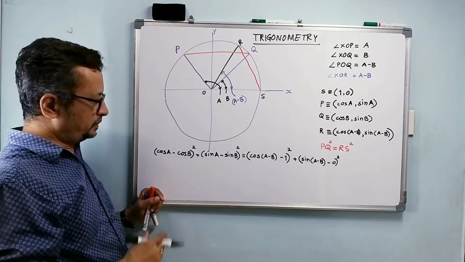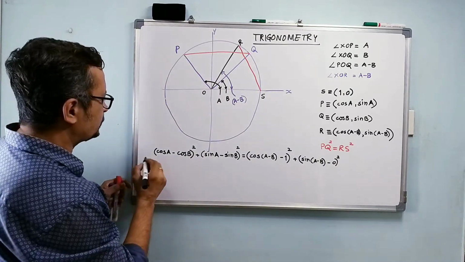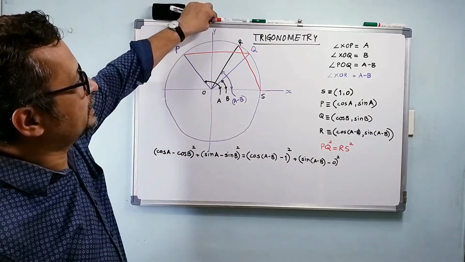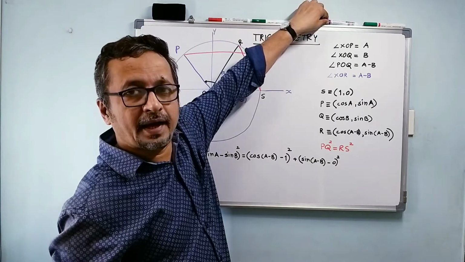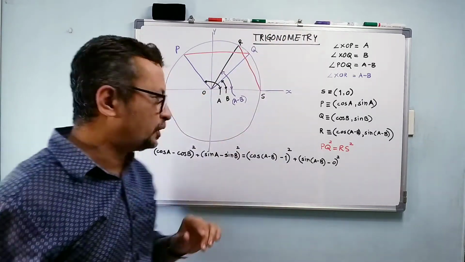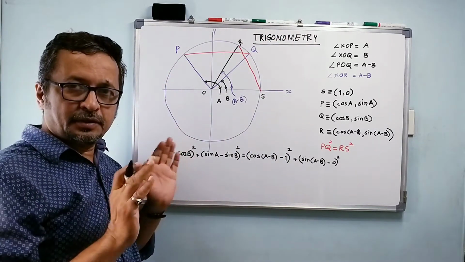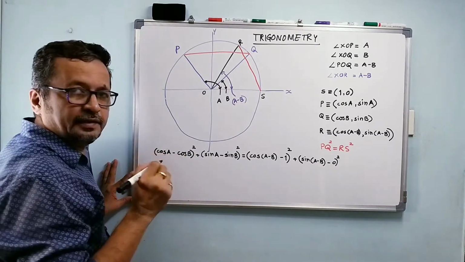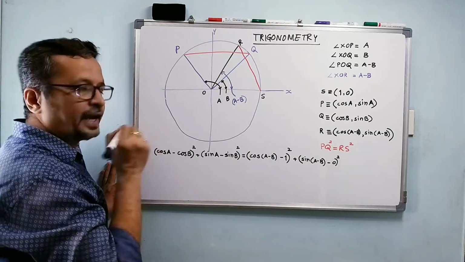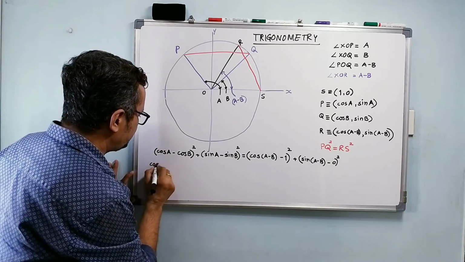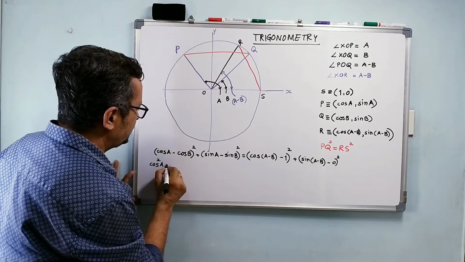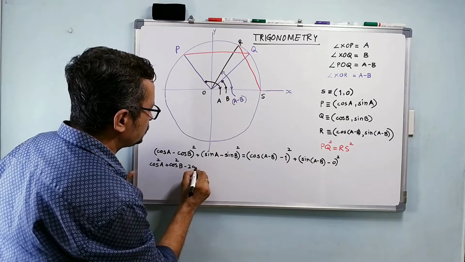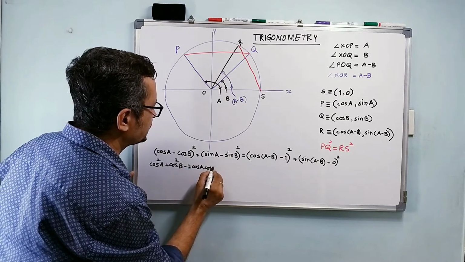Okay, now I am going to write in one single line. I'll try to keep it as clean and simple as possible, and I'll be using different colors wherever needed, so just be careful in watching what I'm doing here. So cos A whole square is cos square A plus cos square B minus 2 cos A cos B, correct?